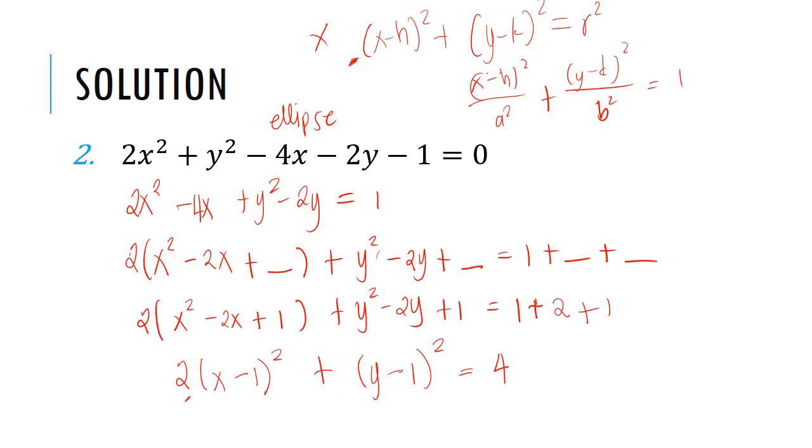I have 4, so I'll divide the whole equation by 4. Then it will simplify to x minus 1 squared over 2, since 2 over 4 is 2, plus y minus 1 squared all over 4, which is equal to 1 because 4 divided by 4 equals 1.